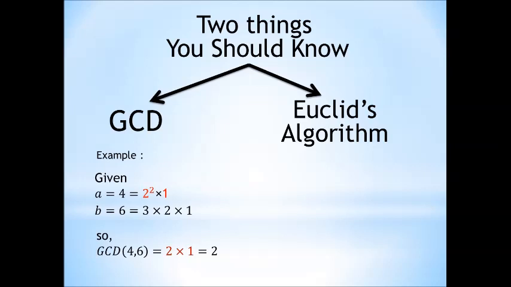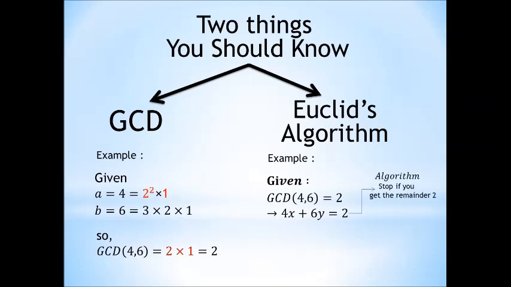Now let's see the example of the Euclidean algorithm. Given the GCD of 4 and 6 is 2, by the definition of Euclid, it can be written as the linear equation 4x plus 6y equals 2. Then we do the algorithm of divisibility.